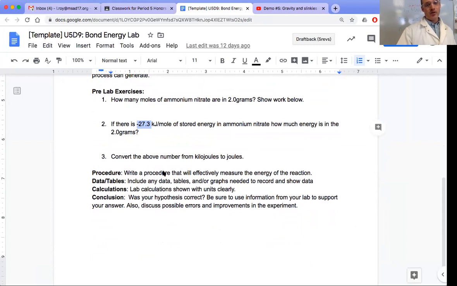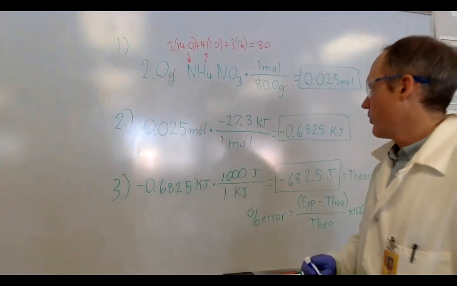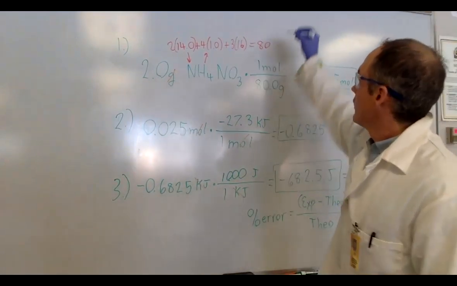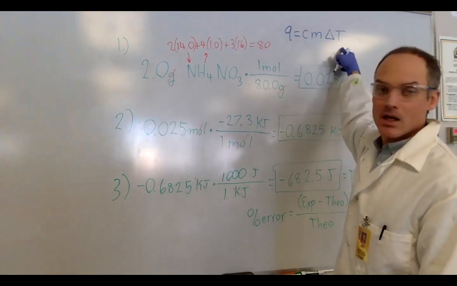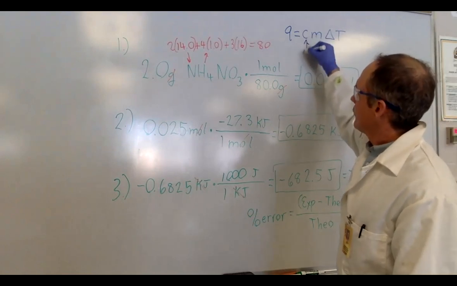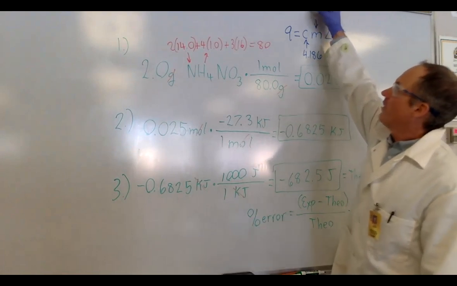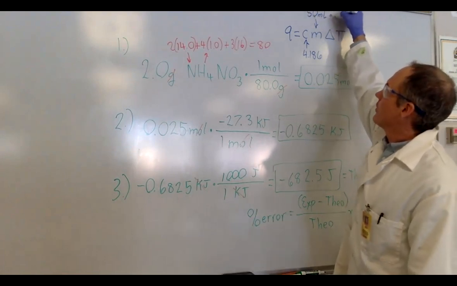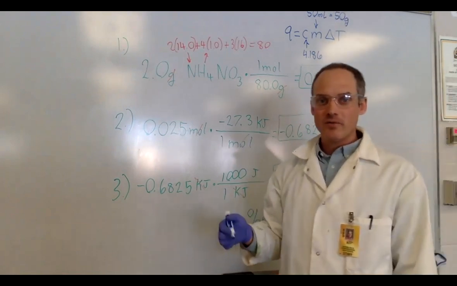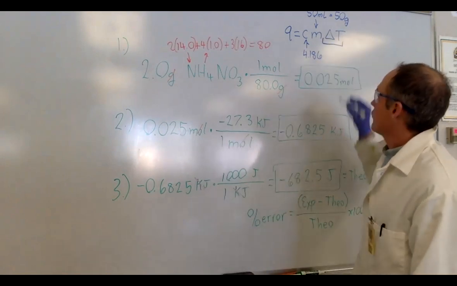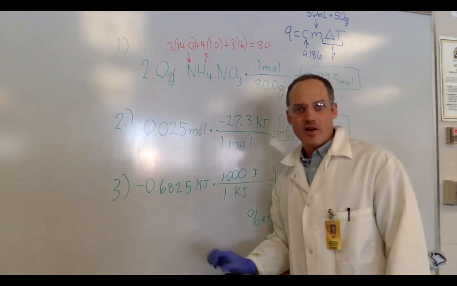And because we're measuring energy, we're going to use the equation that we used before, which is Q equals C m delta T. C is a constant, 4.186. Mass is the mass of the water. I'm going to use 50 milliliters, which is equal to 50 grams, because the density of water is 1 to 1.